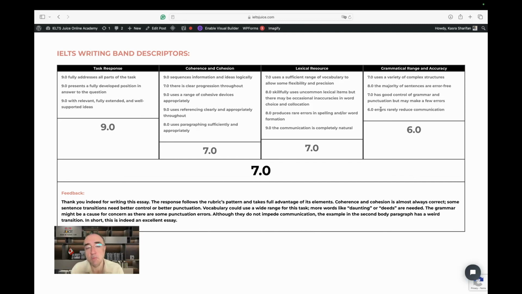So this might seem a bit unfair, but this is not, how can I put it, this can be possible. So it is rather risky. 7 is not risky, but 7.5 might be a bit risky now.